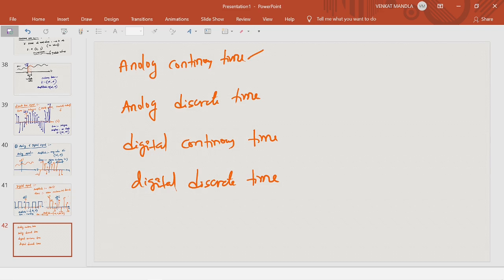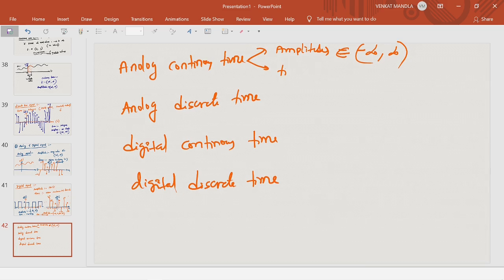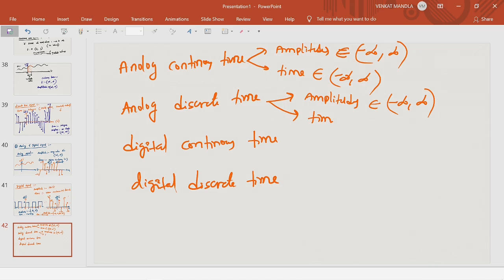So in the analog continuous time case, amplitudes belong to minus infinity to plus infinity, any values, and time also belongs to minus infinity to plus infinity, any value. In analog and discrete time, the amplitudes are minus infinity to plus infinity, any value, and the time is integers.